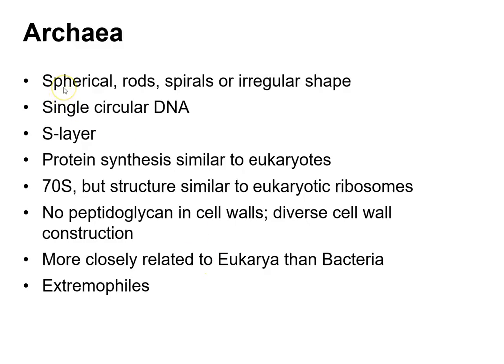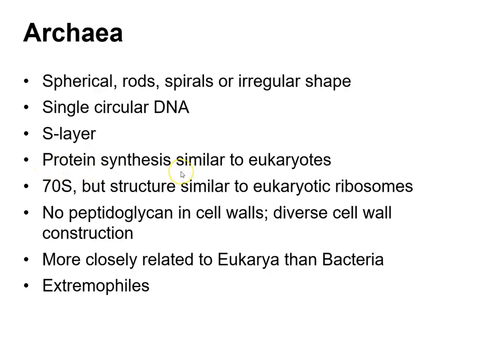All right, last but not least, I wanted to mention briefly the archaea and how they differ from the bacteria that we have been talking about. We've talked about the shapes of bacteria. Archaea also have spherical, rod, and spiral shapes, and they can have other irregular shapes. They do have a single circular DNA. We mentioned them having the S layer more so than regular bacteria.